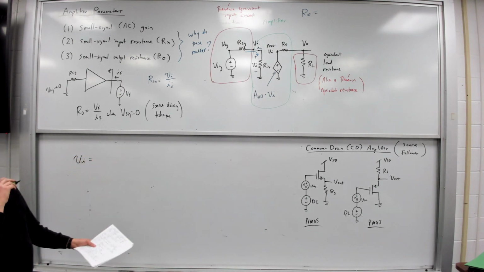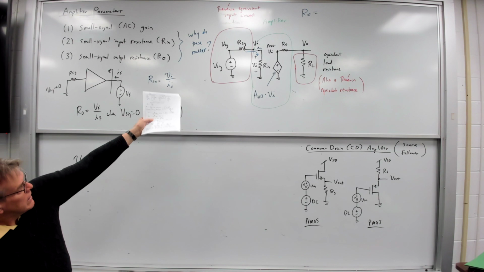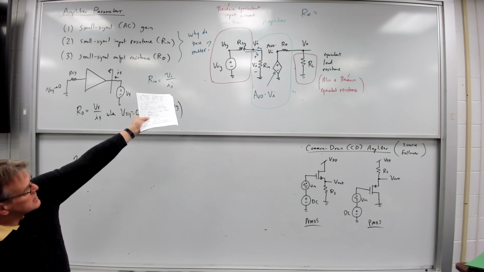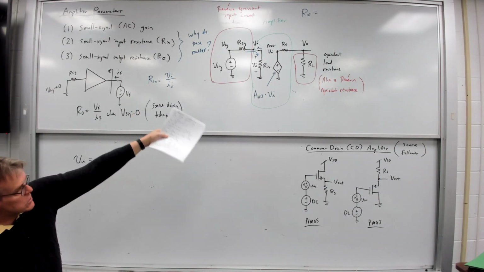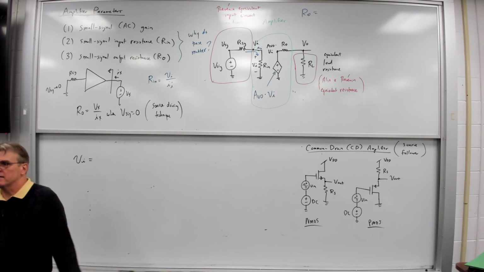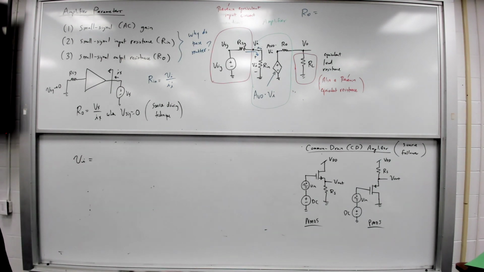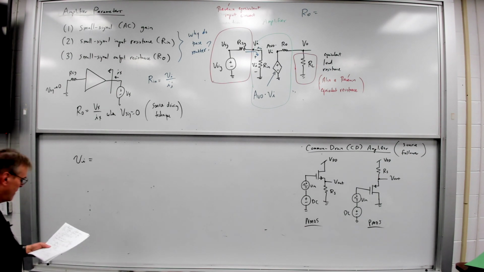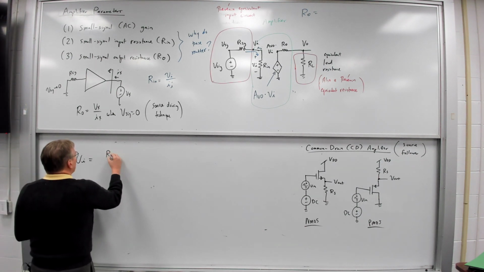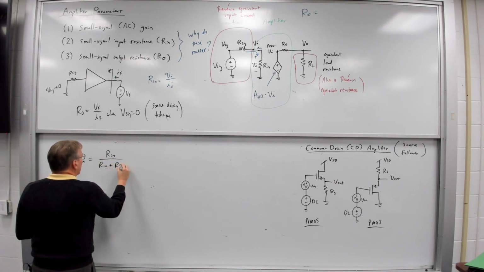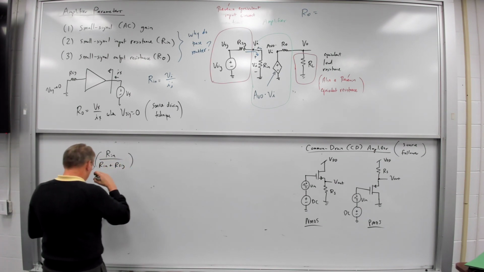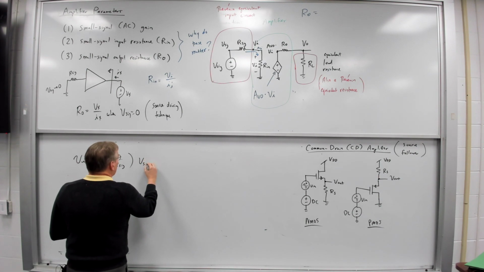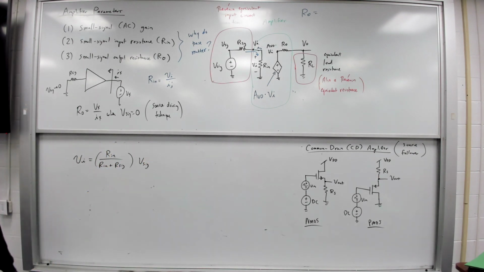What's V_i equal to? Let's look at V_i. What do I have there? Between V sig and V_i, I've got two resistors in series. What kind of circuit is that? Voltage divider, yeah. I could write a nodal equation, but I can also just write the voltage divider equation. So at the input node, I know this must be true.